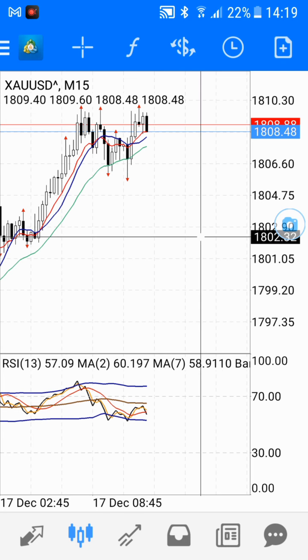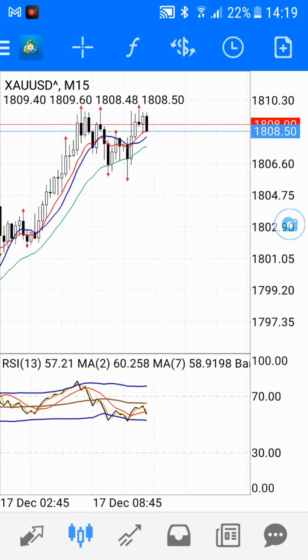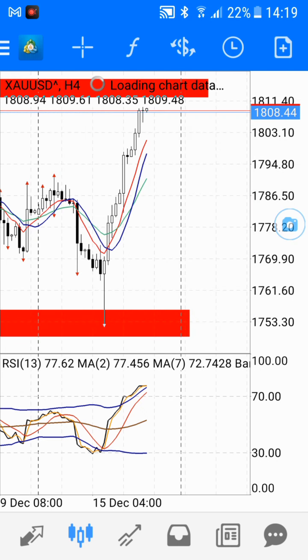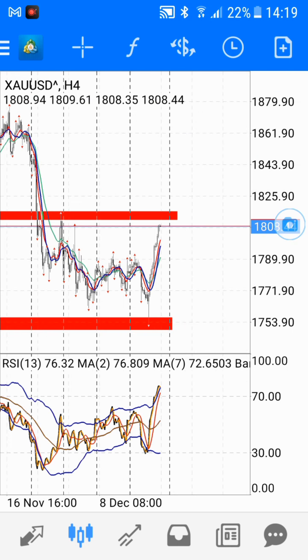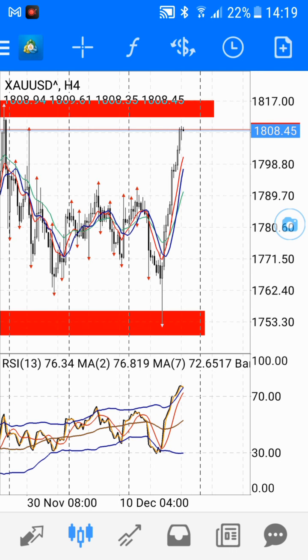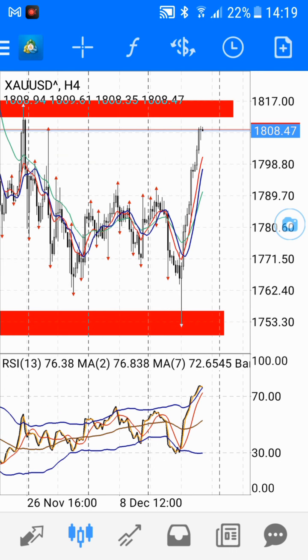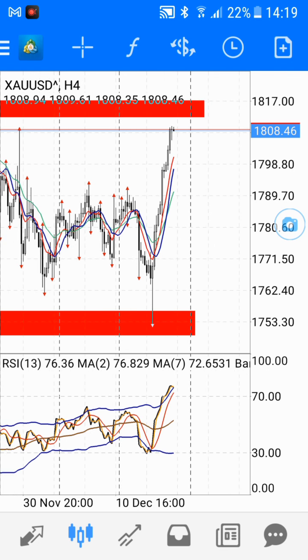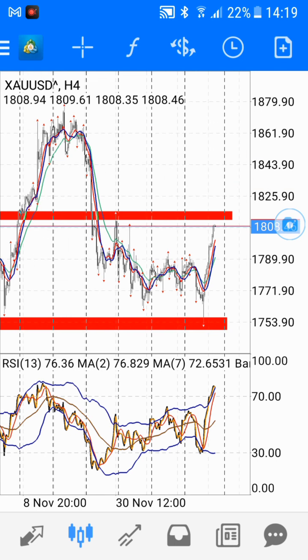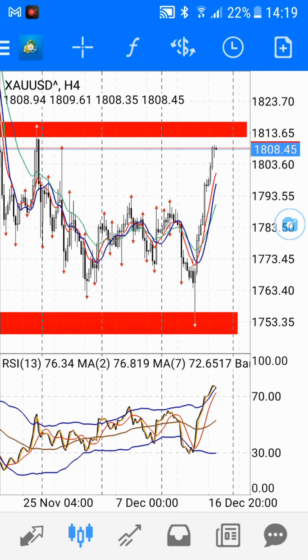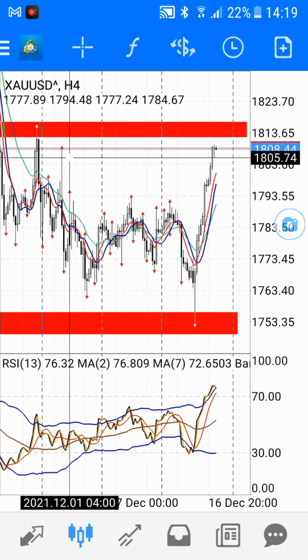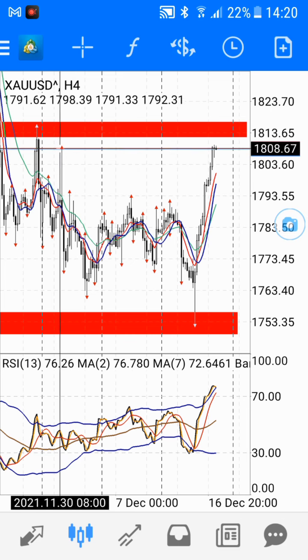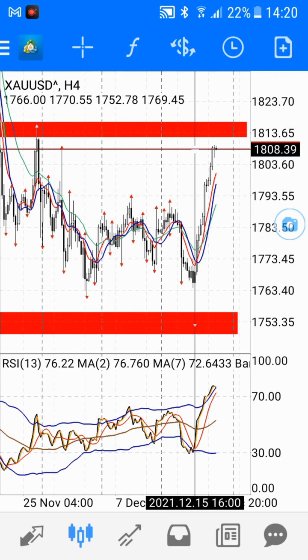Okay, so let me now go again and put in my H4. On my H4, I've got resistance and support in the dailies. I'm going to say that it's hit the top, could still jump up to the top of that resistance, but if I'm looking left, you see that on the chart there, that could have been enough of a resistance for price to be turning.